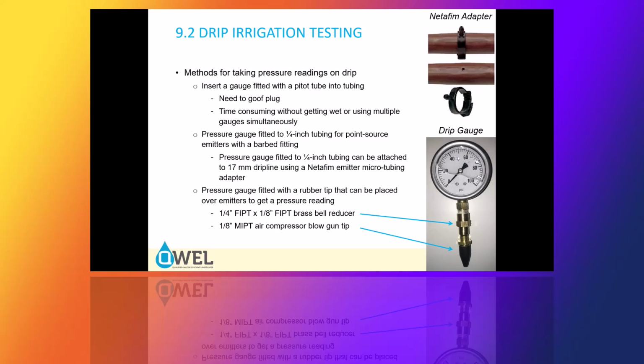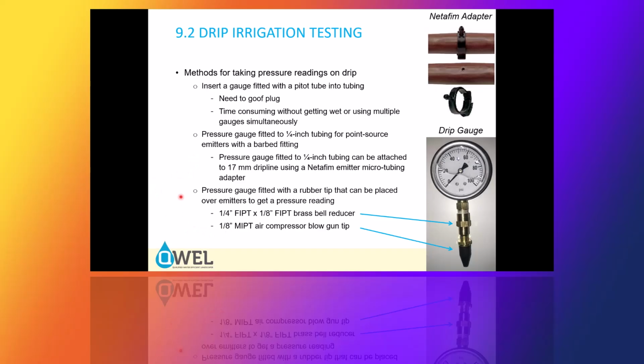Another way is to use a pressure gauge fitted with a 1/4 inch tubing for point source emitters with a barb fitting. So a pressure gauge fitted to a 1/4 inch tubing can be attached to 17 millimeter drip line using a Netafim emitter microtubing adapter.